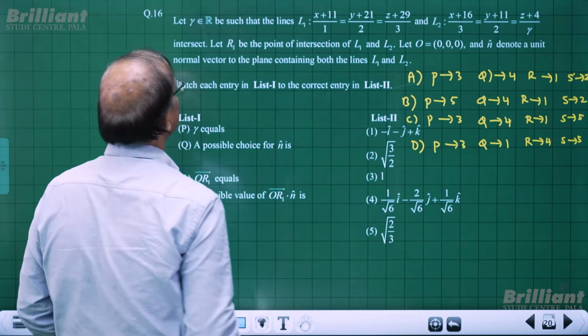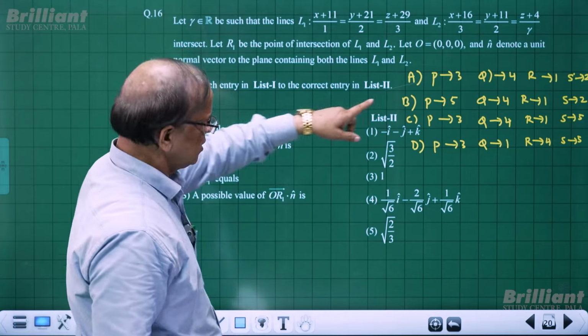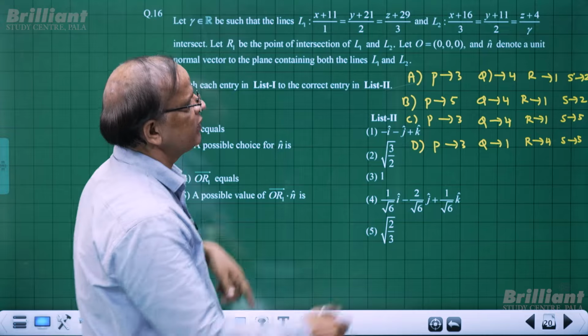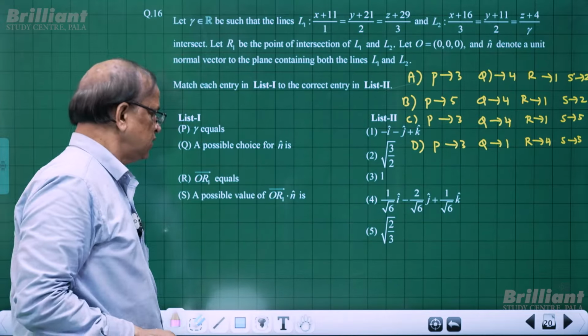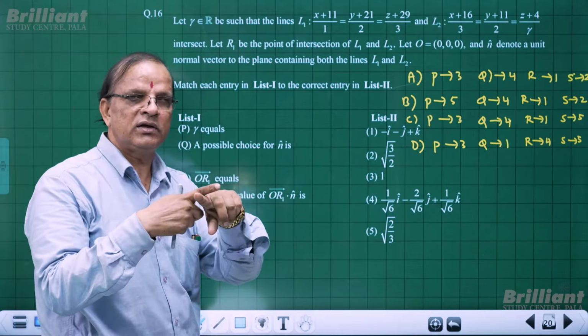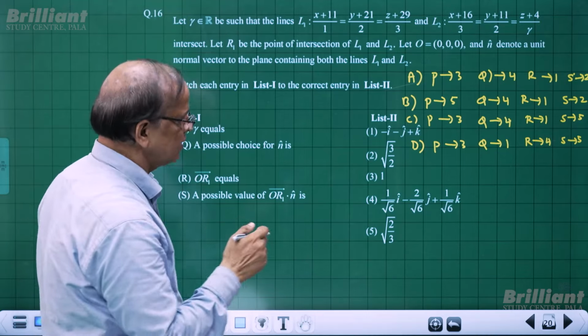So here R1 is the point of intersection of these, N bar, then gamma. See, these two are intersecting lines, so definitely they lie on the same plane. They are coplanar.